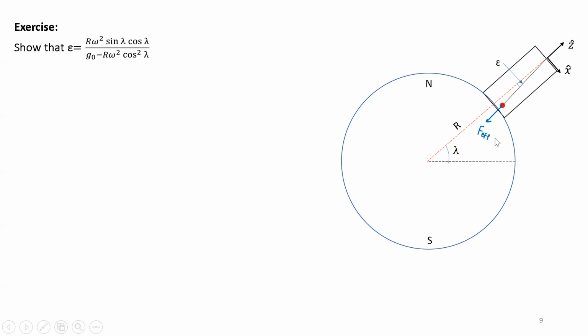Maybe it's not 100% correct to call this the total effective force, because the total effective force should already include the tension. But you understand that the total effective force here means the gravitational force plus the fictitious forces.